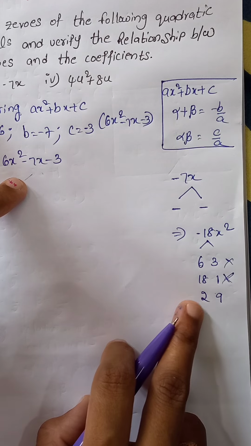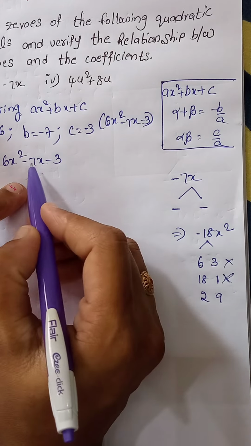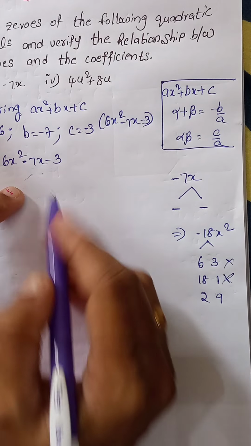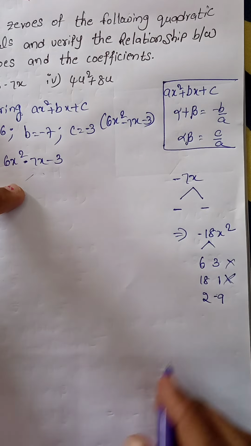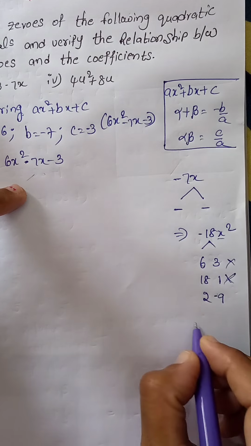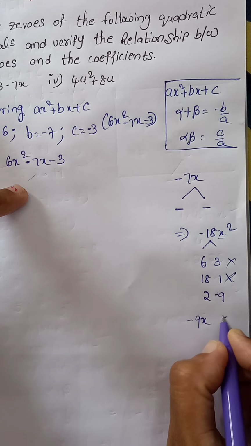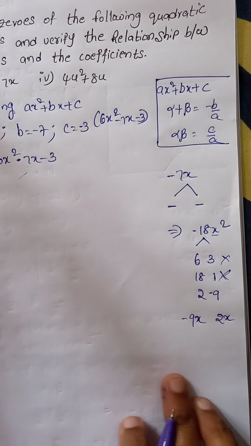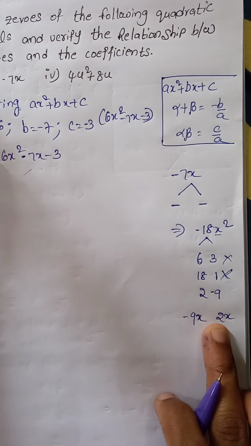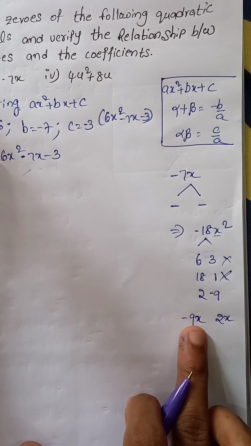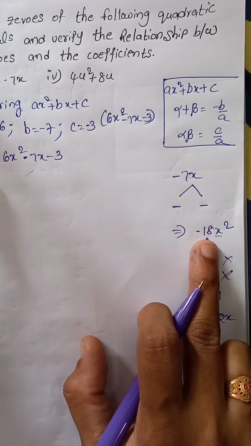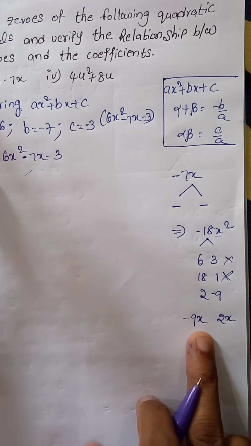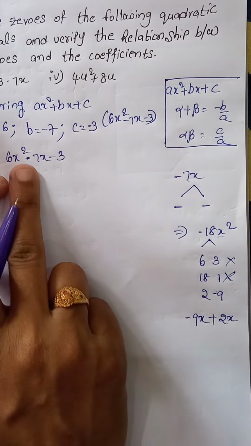So here we are getting minus 7, so put the negative symbol for the bigger number, minus 9. Keep 1x for 9 and keep 1x for 2. Now if you multiply, 9 twos are 18, plus into minus is minus, x into x, x square. So when you multiply these two terms, we are getting minus 18x square. When you add these two terms, we are getting minus 7x.